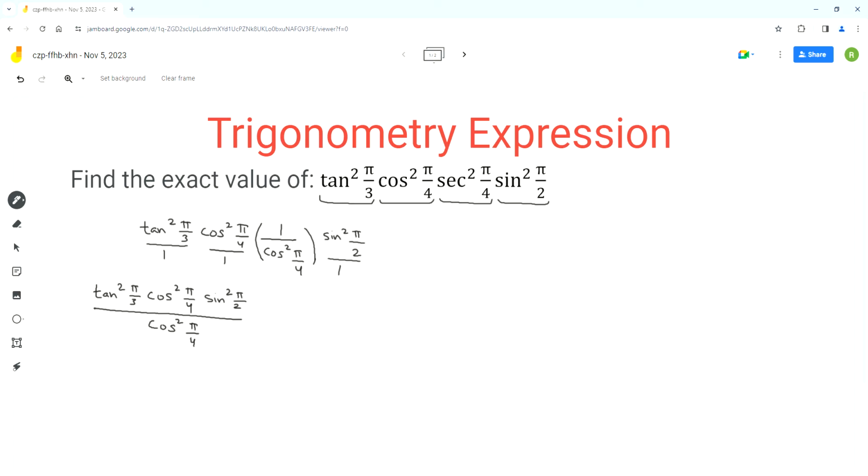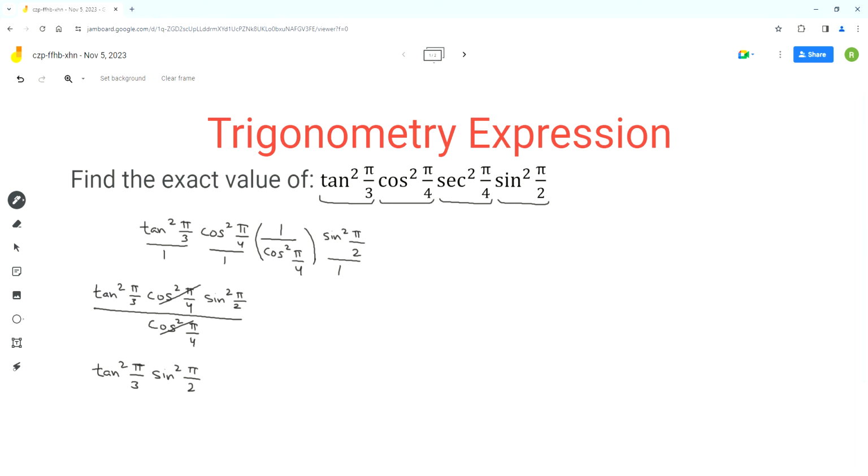So now we can cancel out the cos square pi over 4 in the numerator and denominator. So that's the advantage of changing the secant ratio into its corresponding primary ratio. So we are left with just tan square pi over 3 times sine square pi over 2.